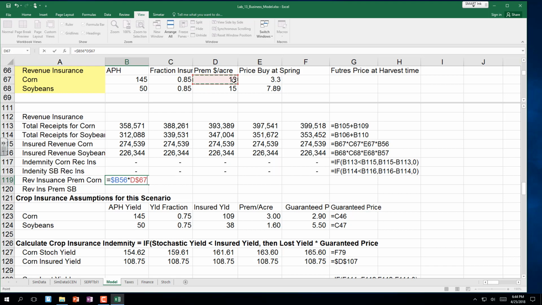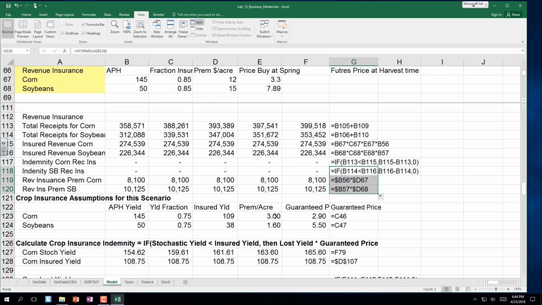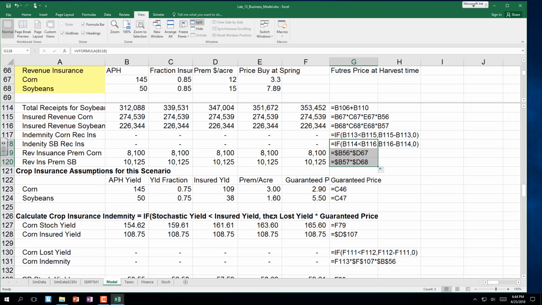And we press F4 twice, 3 times on that to lock it down. Okay, so it's B56 times B67. And you can drag that number down. And you should be able to drag it across. So it looks like that.